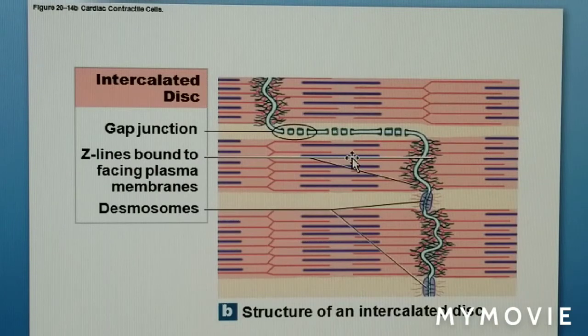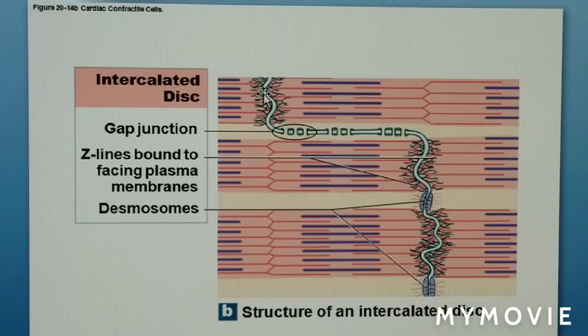Okay, so we see from Z-line, you remember we talked about the sarcomere, and within this, just for review, we've got the red, which is the actin, the purple, which is the myosin, Z-line to Z-line of the sarcomere.